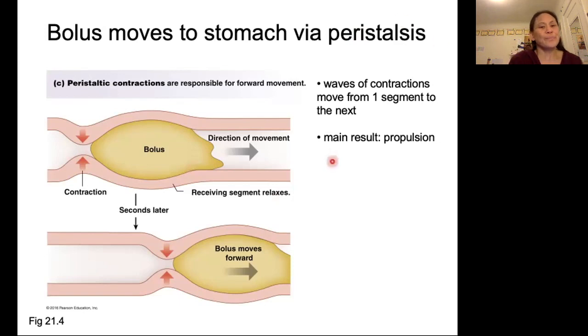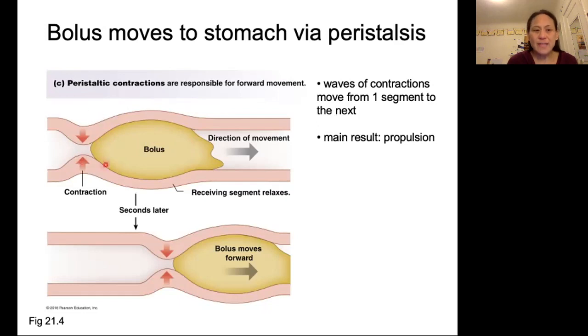This figure here shows us how peristalsis works. Here's our bolus. The way peristalsis works is that you have a contraction of the circular muscles that are around the digestive tract. They contract in order to move the bolus forward.